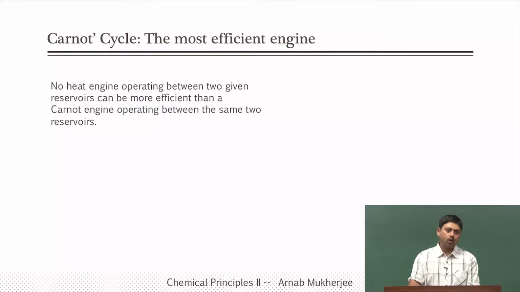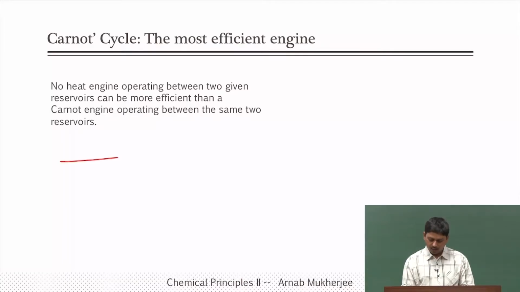So, you know that all real engines are irreversible engines, right. Let us take an example of an irreversible engine and an example of a Carnot engine. Typically, we have a high temperature reservoir from which a heat QH prime is taken, and QL prime is ejected to the low temperature reservoir.